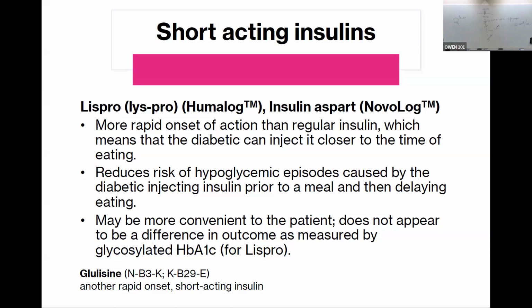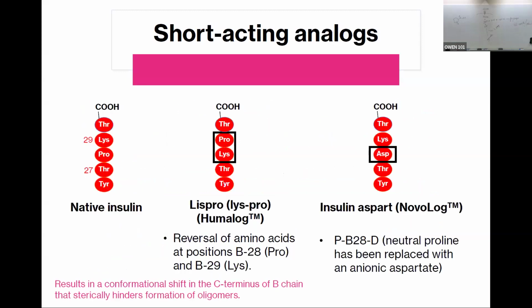There's another one called glulisine. So why does this kind of insulin suddenly become short-acting? This is lispro. It's called lispro because of lysine and proline. Remember, I mentioned to you, proline is involved in binding to zinc, right? Binding to zinc, and then you form these hexamers, which make it longer acting.